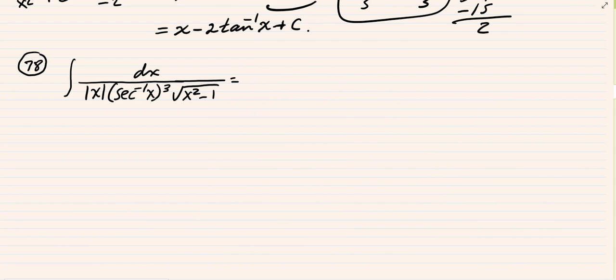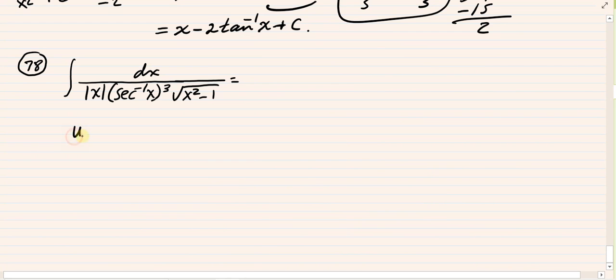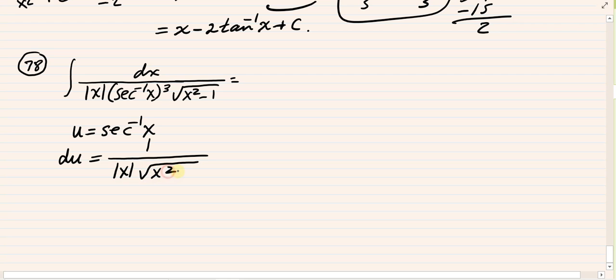All right, so here is exercise number 78. Although it looks complicated, actually this integrand is a blessing in disguise, and the reason is the following. If I let u be secant inverse x, du, and we have this from previous work, one of our formulas for du is 1 over absolute value of x square root of x squared minus 1, which is precisely what's in the denominator of the integrand, dx.